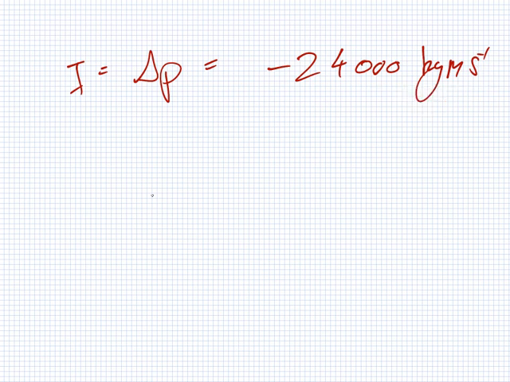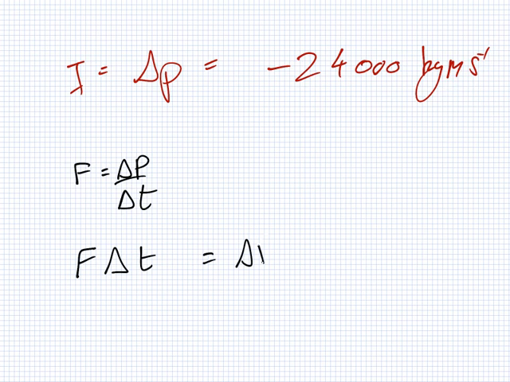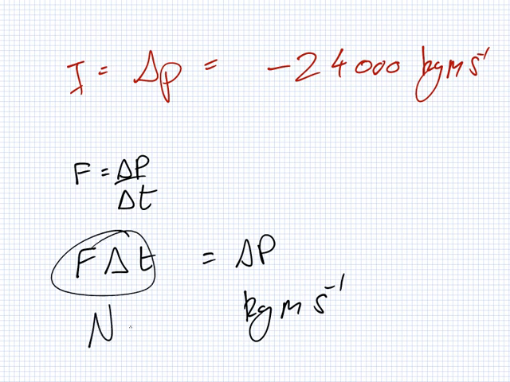Just another point here. If I say F equals delta P over delta T, that means F delta T equals delta P. What's the unit here? We said it's kilogram meters per second. What's the units here? If you look at this, what's the units? Newton seconds, actually, yeah. They're the same units, okay? So Newton seconds is the same thing as kilogram meters per second.